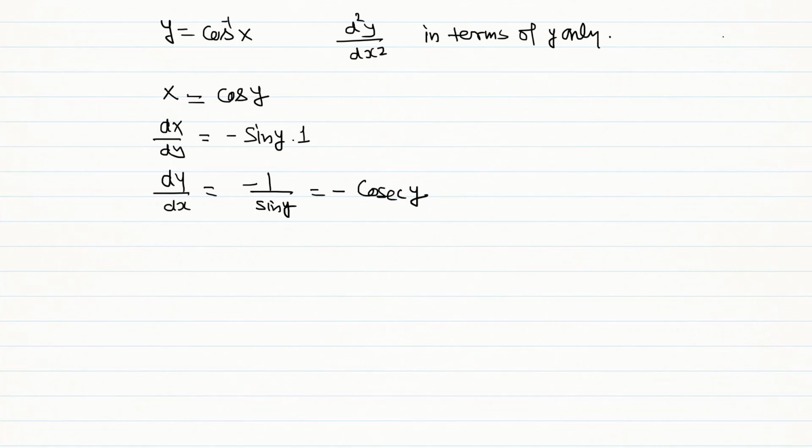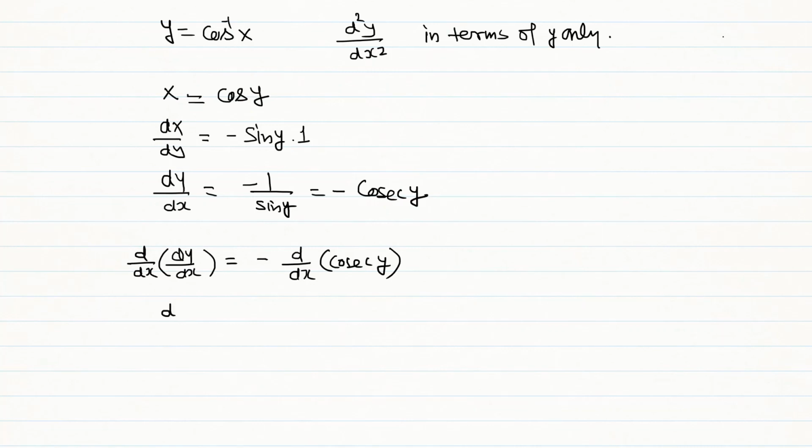So if I have to differentiate it one more time, because I have to find the second derivative, d/dx of dy/dx means minus d/dx of cosec y as well. And one interesting thing is I am differentiating with respect to x, though the function is of y.